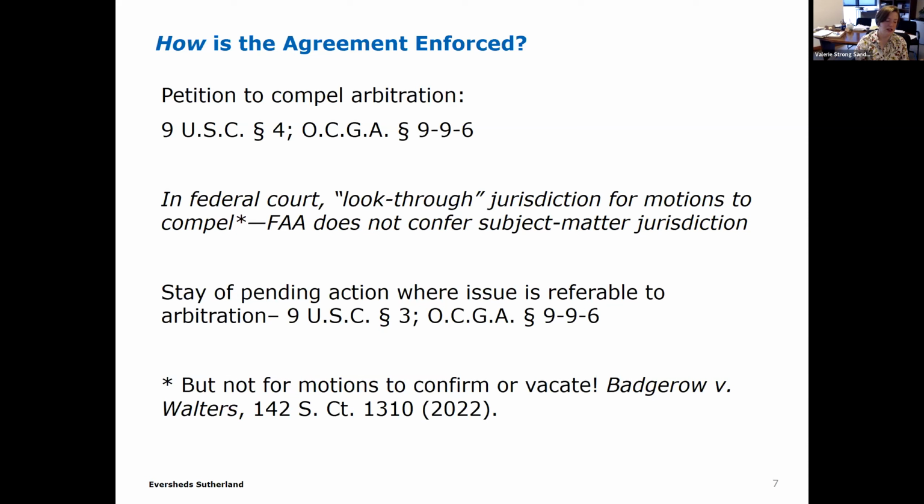So if you've got an existing case, you're going to file a motion. You're going to say, hey, court, I've been sued, but we have an arbitration agreement, and you're going to attach it, and it's going to be authenticated, and you're going to say, please compel arbitration. If you are sued in state court and you want to file a petition to compel arbitration in federal court, you can also do that, but there needs to be federal jurisdiction.